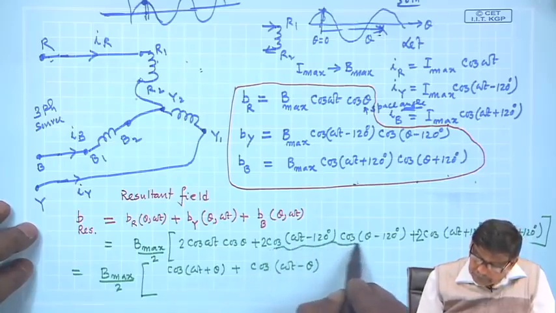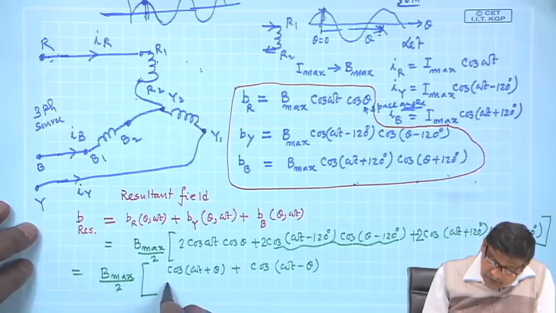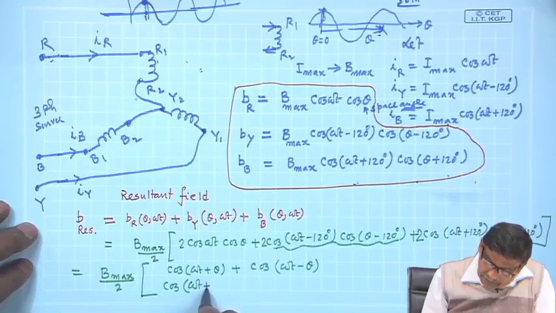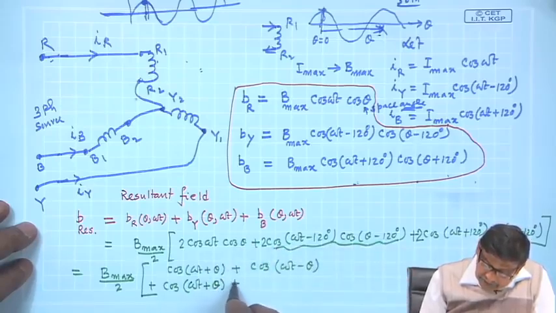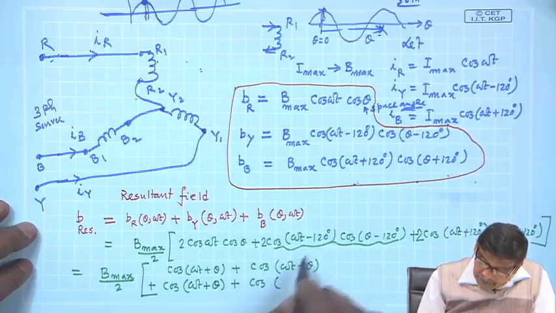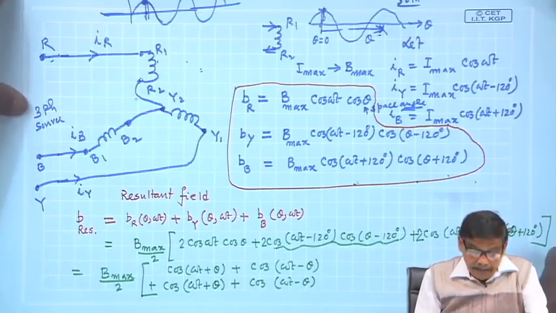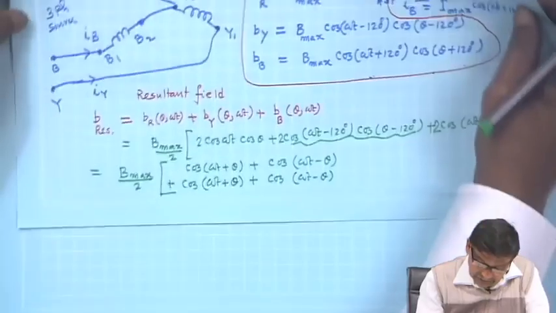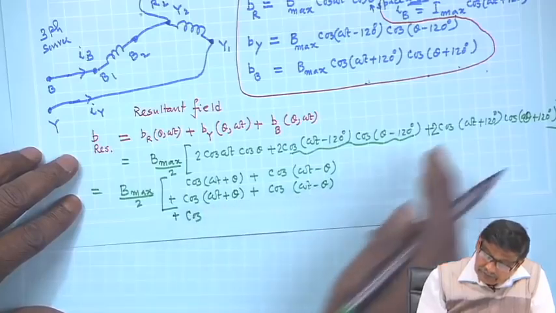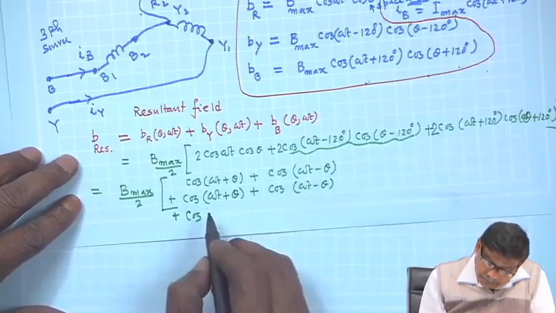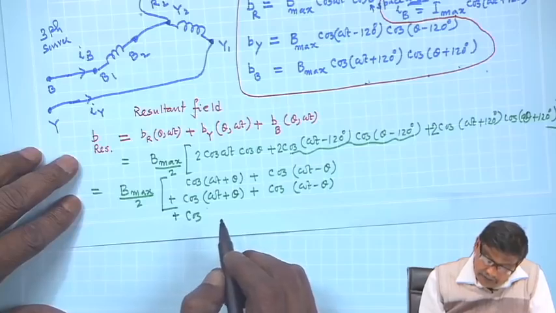This term, if you add, cos A plus B will be omega t plus theta, this I am writing below, okay, plus cos A minus B, this becomes omega t minus theta, and then the last term plus cosine, have I missed a point?